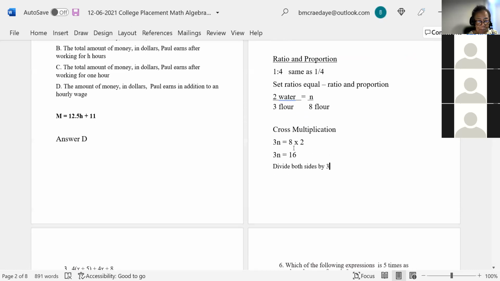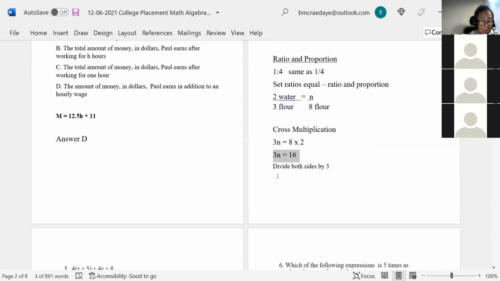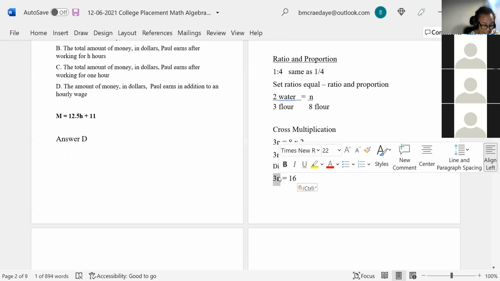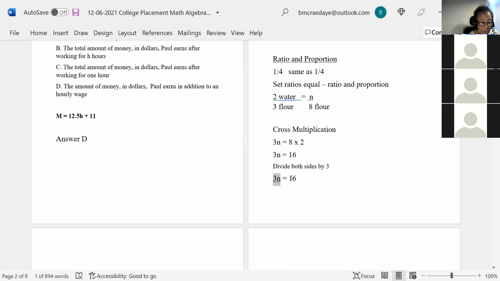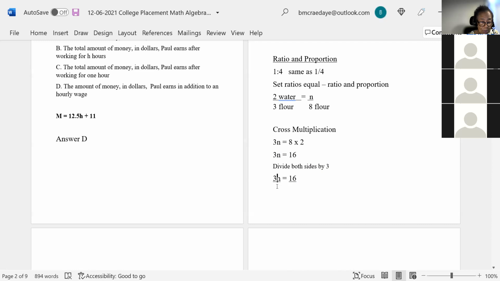I get 5 1/3. That's right. Very good. So we divide both sides by 3. So we put 3 on the left and 3 on the right. And 3 in 16 is 5 times, and you have a remainder of 1, right? So we put here a 3 and here a 3.